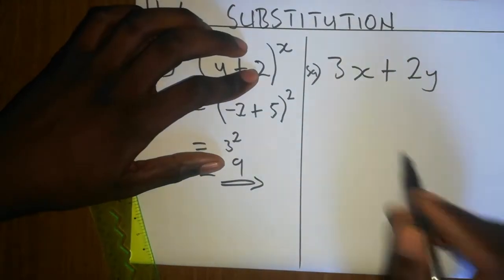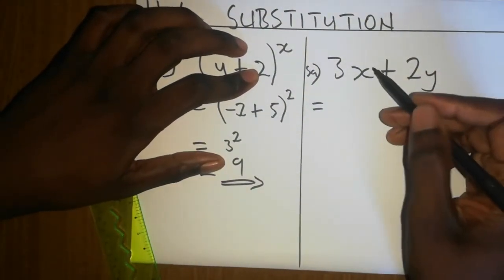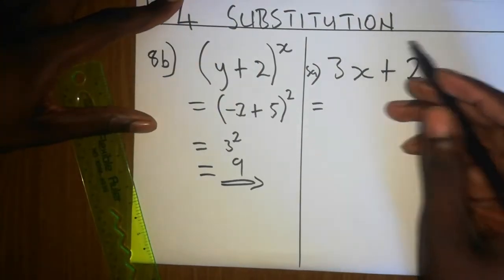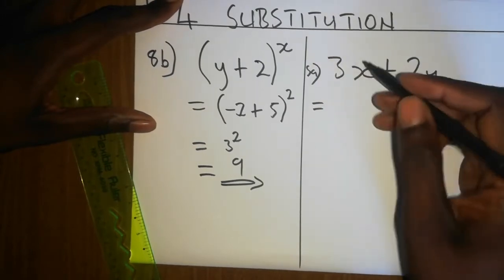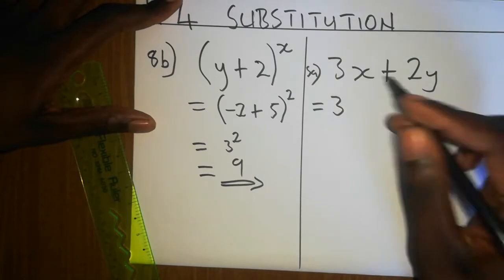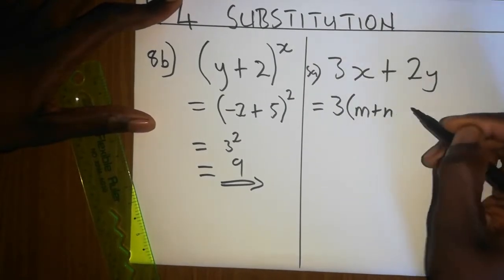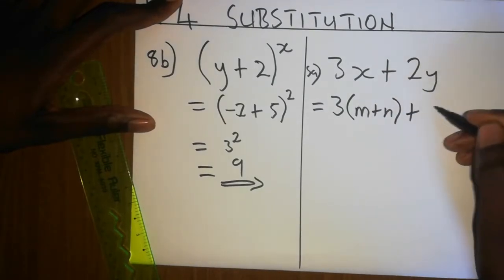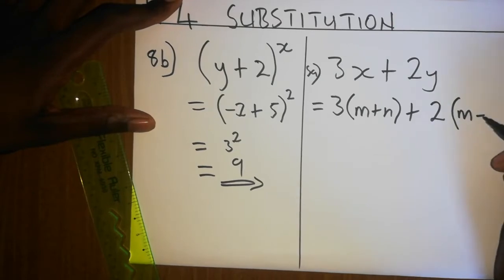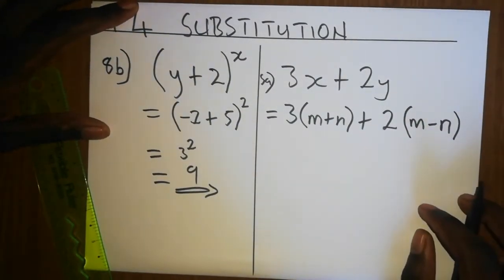Given that x is equal to m plus n, if we are substituting, whenever in maths you are substituting terms that look to be close together, we include brackets. So we're going to say 3 bracket, the value of x is m plus n, close. Then plus 2 bracket, the value of y is m minus n. Then I'll close my bracket like that.